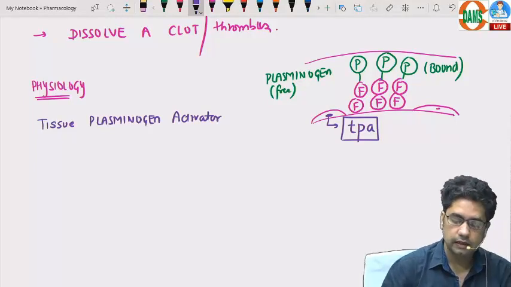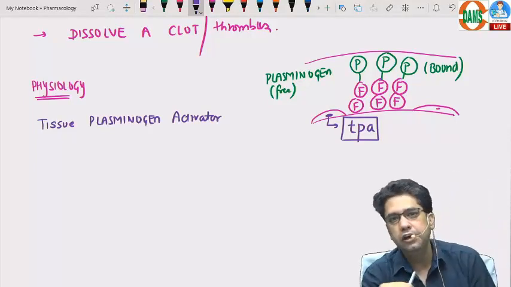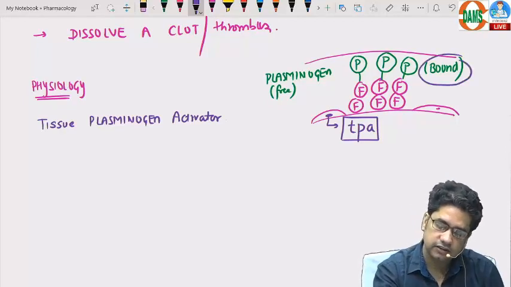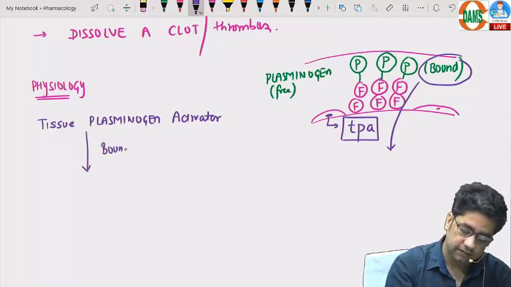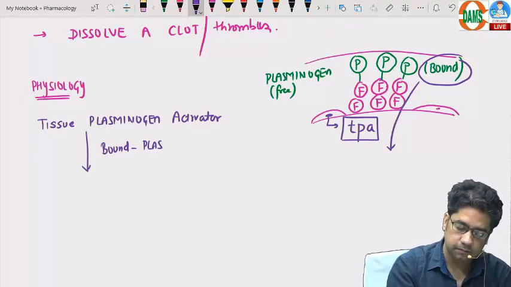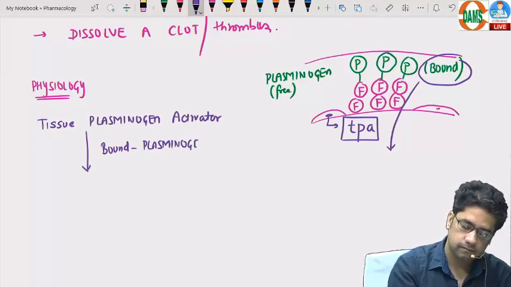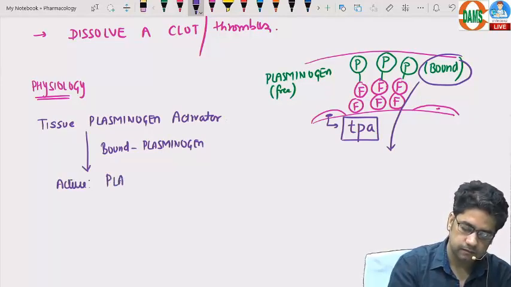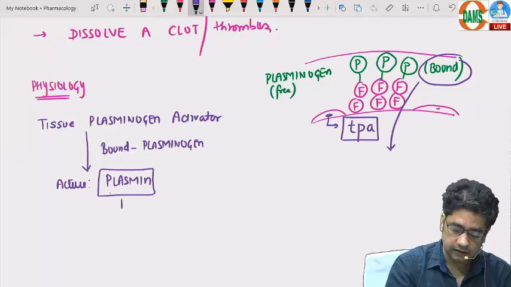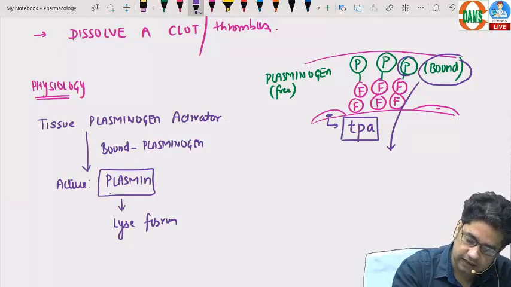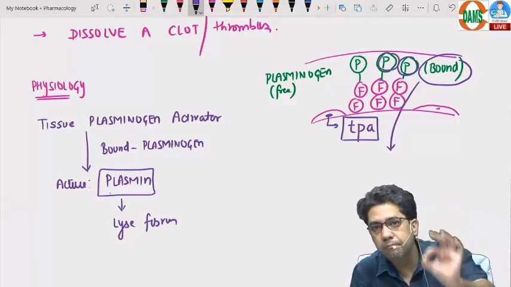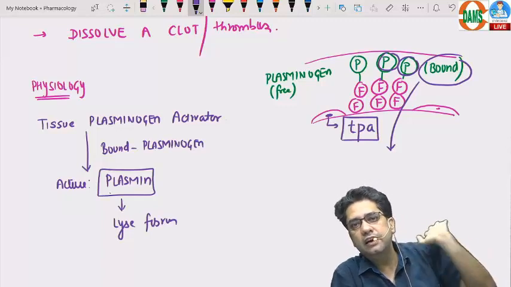Now this TPA in our human body selectively converts bound plasminogen into the active form known as plasmin. And this plasmin lyses fibrin. और जब प्लाज्मिन एक्टिवेट हो जाता है, it causes fibrinolysis, ये फिब्रिन को डिग्रेड कर देता है.